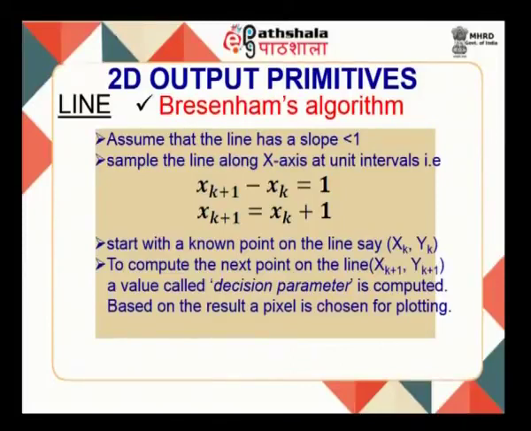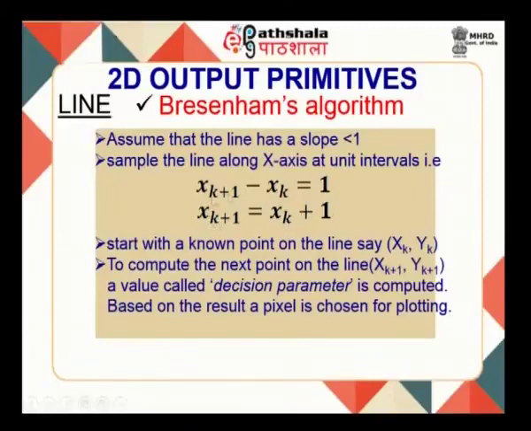Here our initial assumption is that the line has slope less than 1, and we are going to sample the line along the x axis at unit intervals. So, the same arguments are valid: the next x value, for sampling along the x axis, is x k plus 1.